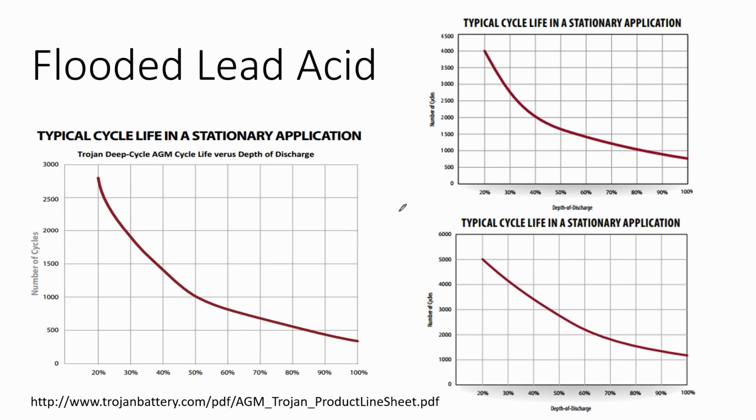Trojan will have a renewable line, a signature line that'll be a little bit less than the renewable line, and then a premium line that'll be a little bit more than the renewable line. And this chart will tell you how many cycles you get at your average depth of discharge. So here, if we did an average 50% depth of discharge, we get to 1,000 cycles.